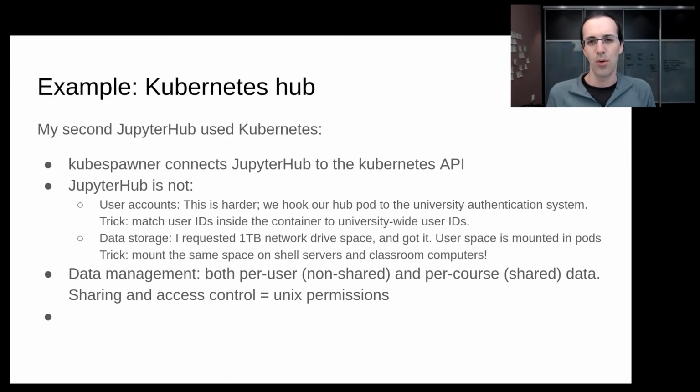So this is really important, I think. By connecting this data management to the existing university systems, you can make something much bigger than you could otherwise. But it requires configuring the authenticators and spawners to do it. The typical way of Kubernetes with everyone having the same user ID inside just wouldn't work this way so well.